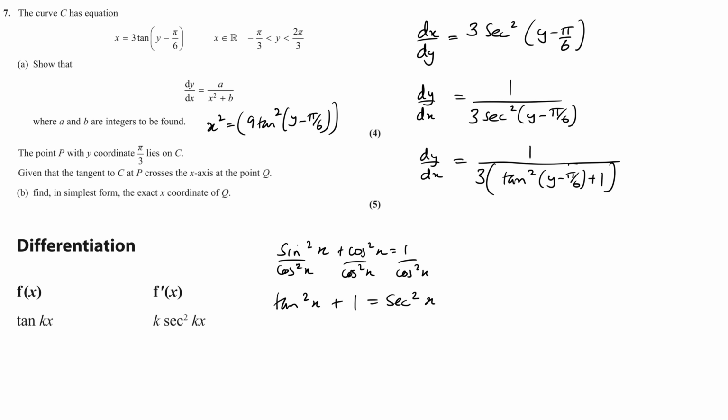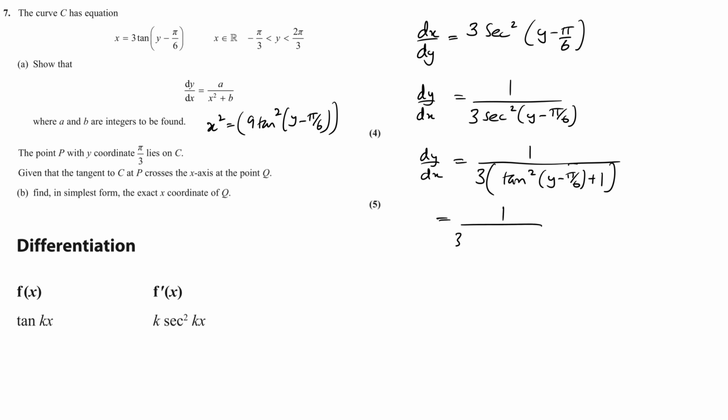Okay, and that is of course now quite important. So expanding my brackets, I get 1 over 3 tan squared my angle plus 3. Now for me to change it to an x squared I need 9, so I need to times by 3. So I need to times top and bottom by 3, so multiplying by 3 over 3.